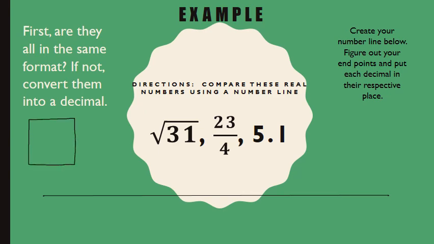The perfect square that's closest to 31 without going over would be 25. So 1, 2, 3, 4, 1, 2, 3, 4, 5. Here's a 5 by 5 that equals 25.